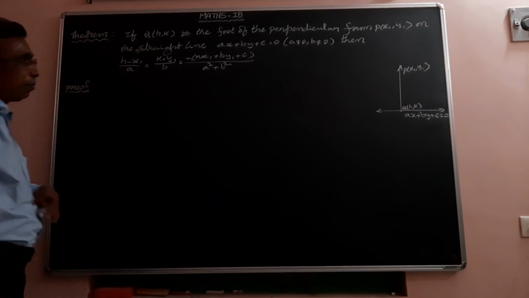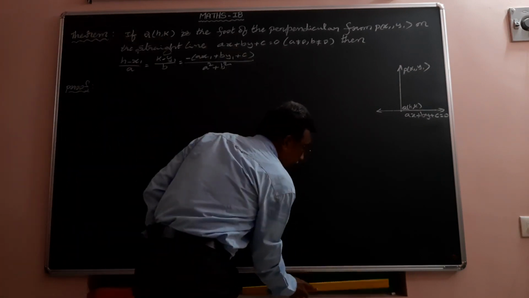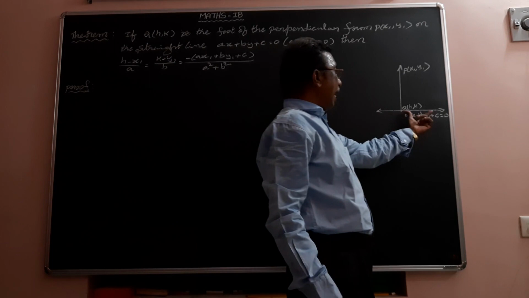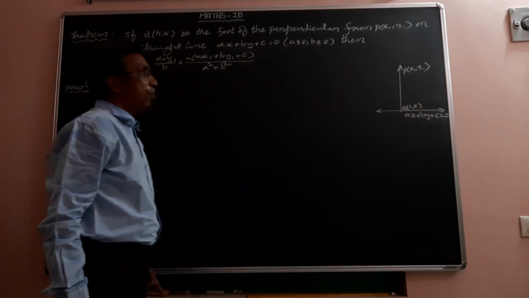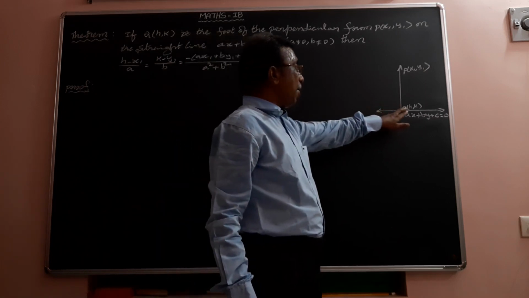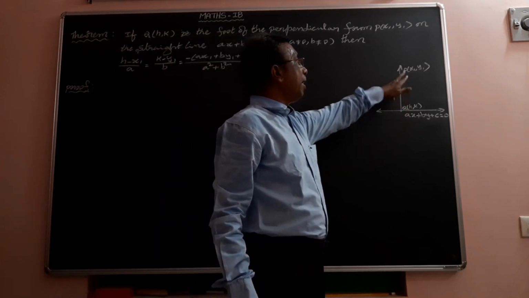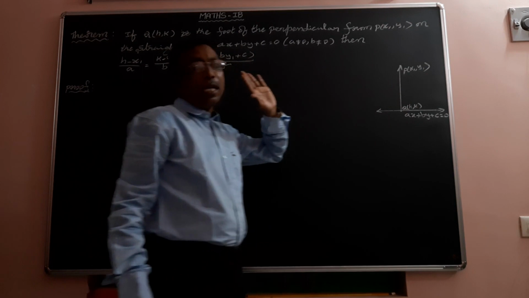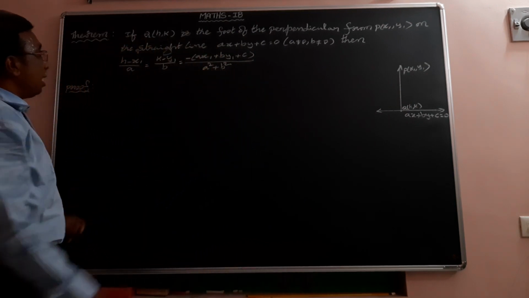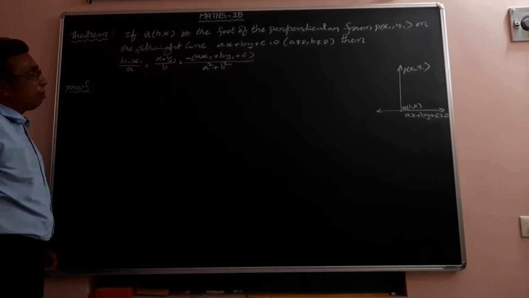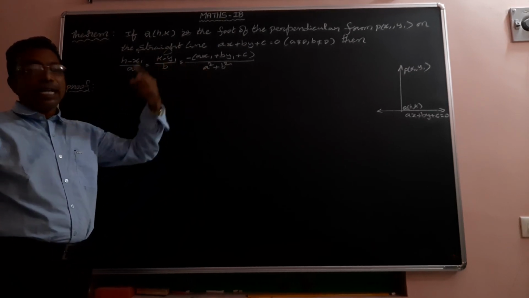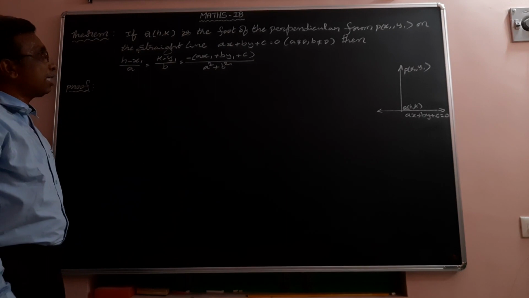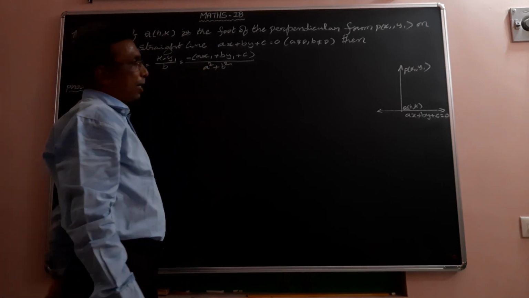Now observe that one. This is the line equation, ax plus by plus c equal to 0. Q of h comma k is the foot of the perpendicular from P of x1 y1. Then we prove that h minus x1 by a equal to k minus y1 by b equal to minus of ax1 plus by1 plus c by a square plus b square.